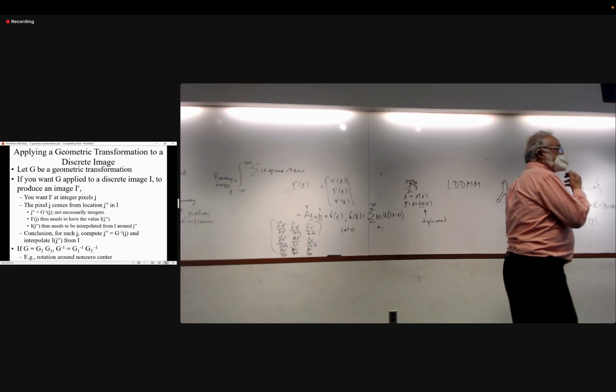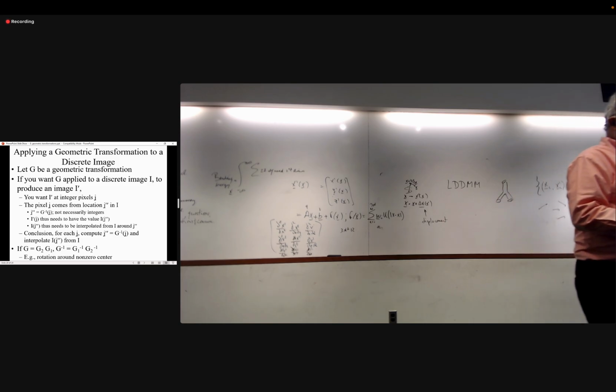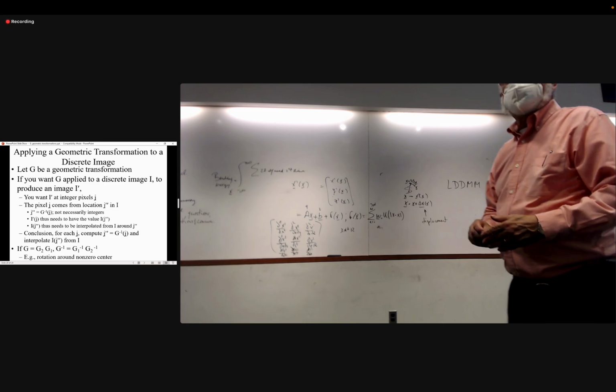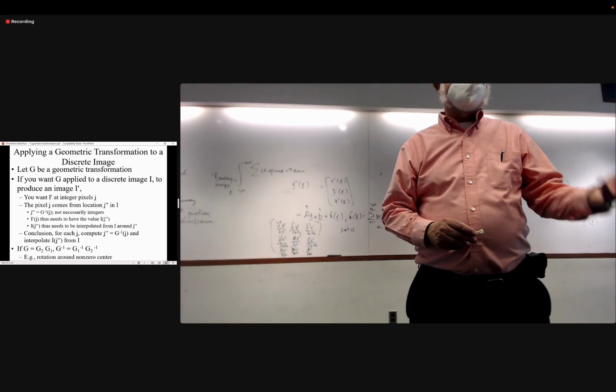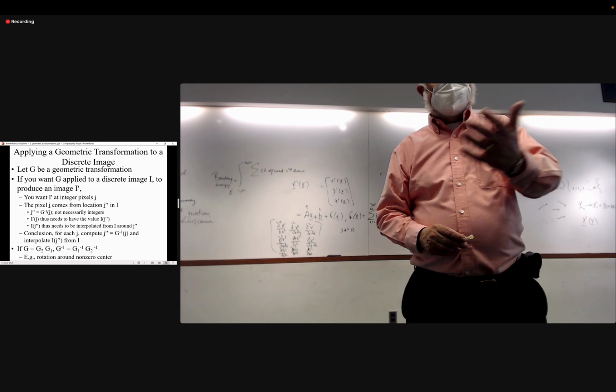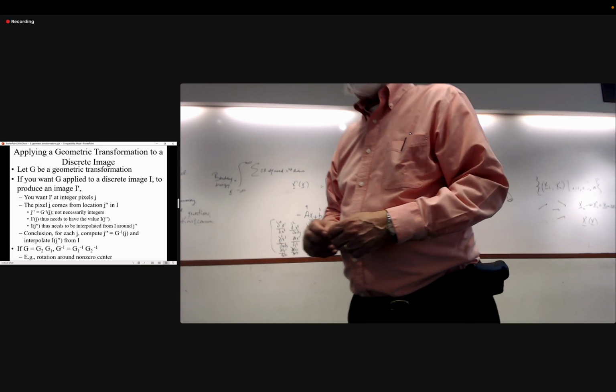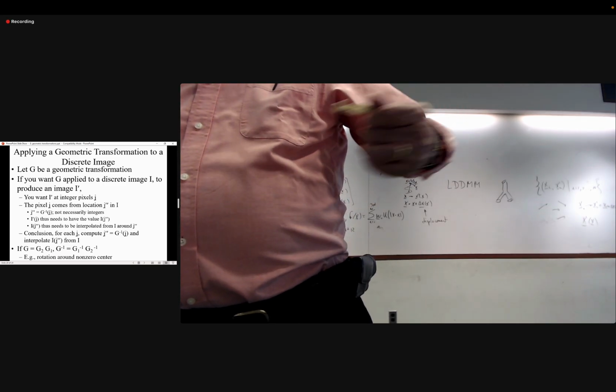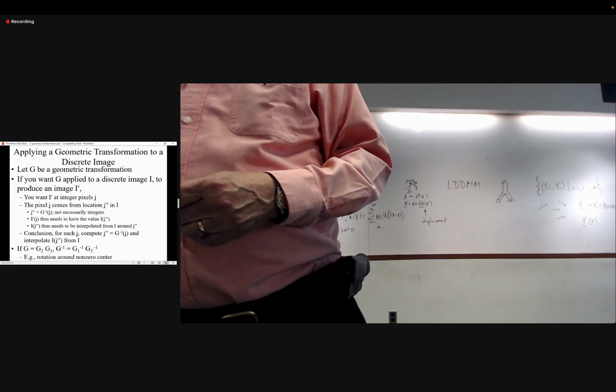You have seen that in your assignment 7, that the output image, the result of the transformed image, wants to be at a regular grid of pixels in I prime.